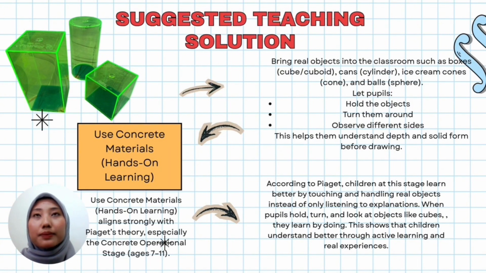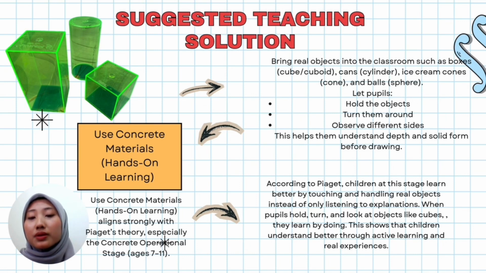Also, in mathematics class, there are real 3D objects that teachers can use to help pupils when they do the drawing lesson, just like the pictures in this slide. Pupils should be given opportunities to hold the objects, turn them around, and observe different sides of the shape. This will help them to understand depth and solid structure before drawing the shapes.